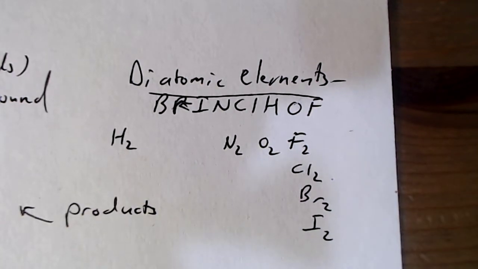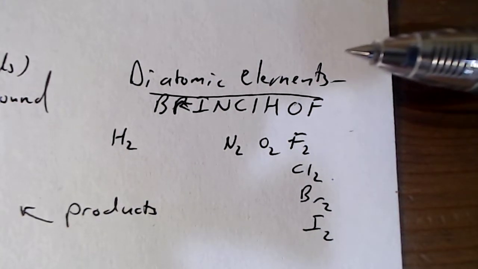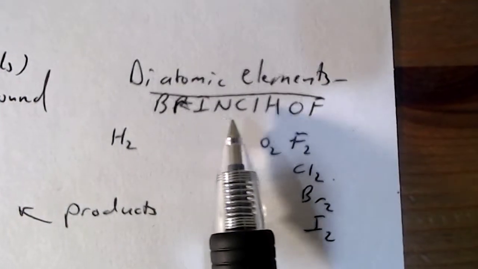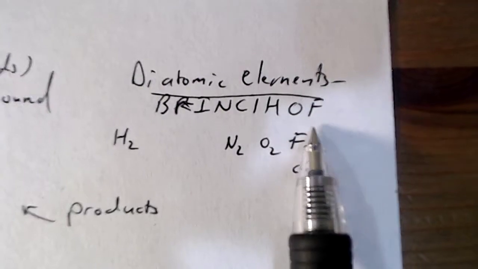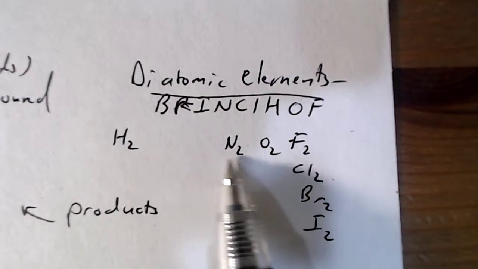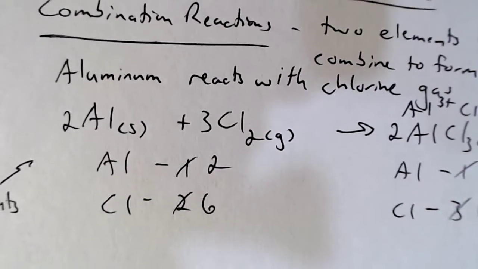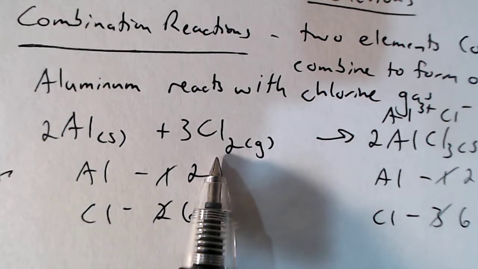It can be easy to memorize these if you just remember the term Brinkelhoff for bromine, iodine, nitrogen, chlorine, hydrogen, oxygen, fluorine. Or just remember that they're in this order on the periodic table. It's sort of like an L. So we write Cl2 as the chlorine reactant.